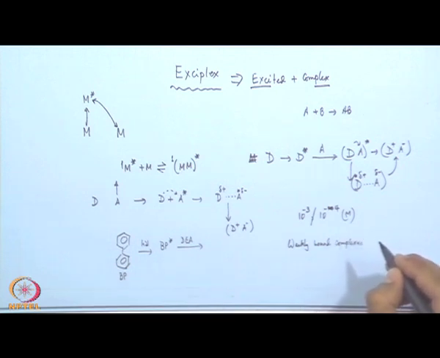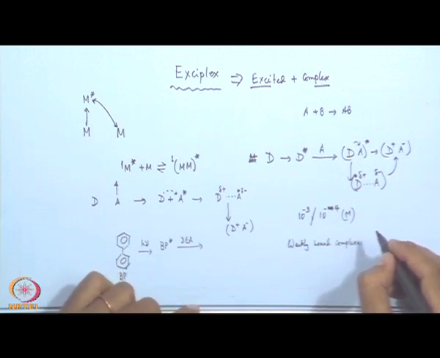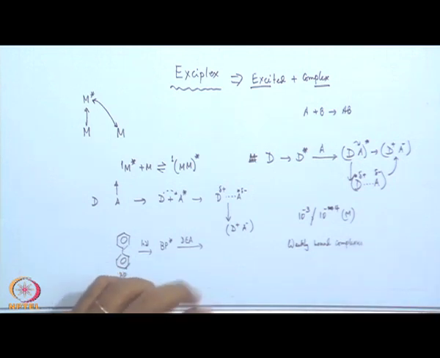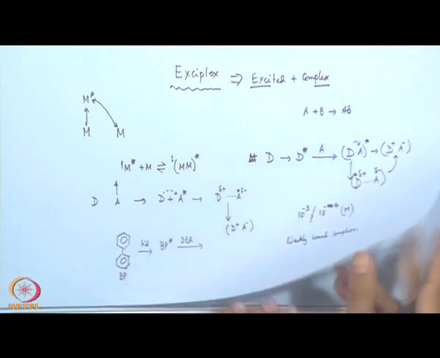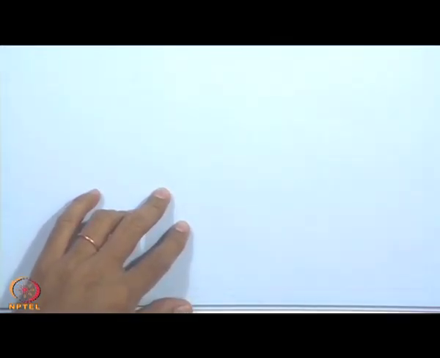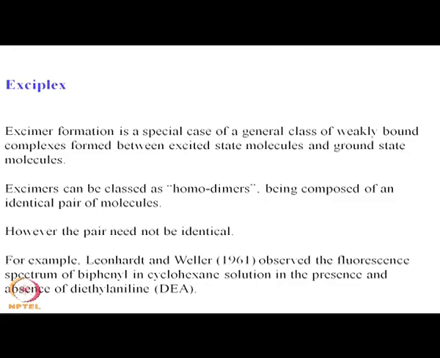These are weakly bound complexes, that is, the binding interaction energy is much less compared to true covalent bond formation. So, whether it is excimer or exciplex, it does not matter. These are all weakly bound complexes.